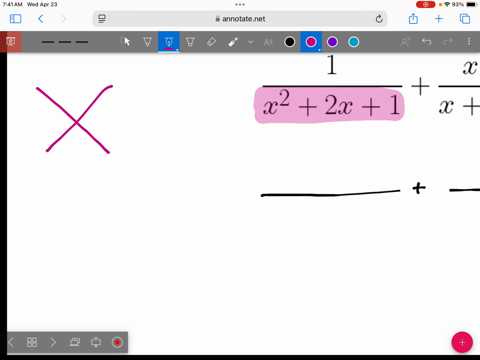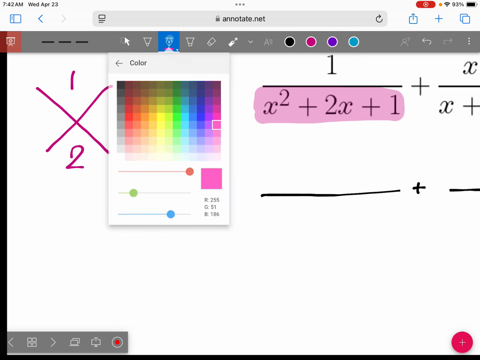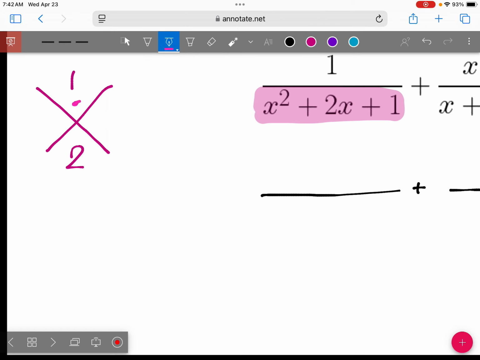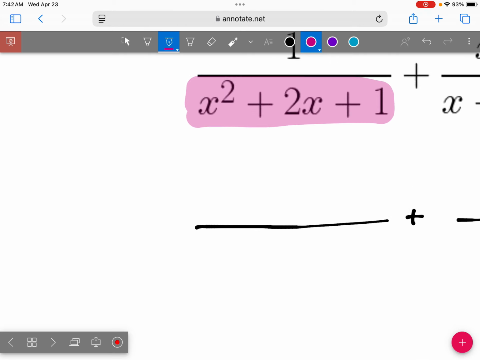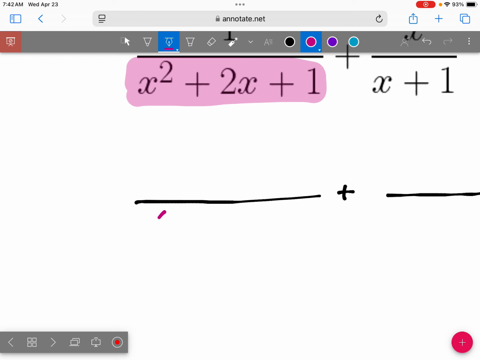Our 1 times 1 is 1. Our b is 2. Do we know a pair of numbers that's going to multiply to make 1 and add to make 2? 1 and 1. So since our a term is 1, we can write this as x plus 1 times x plus 1 using our shortcut.